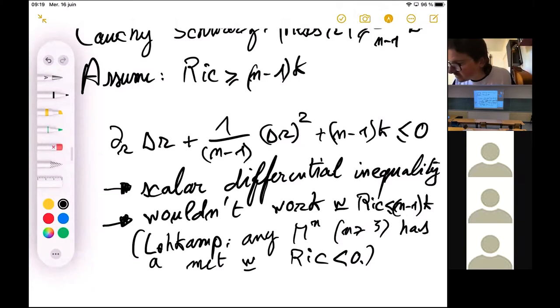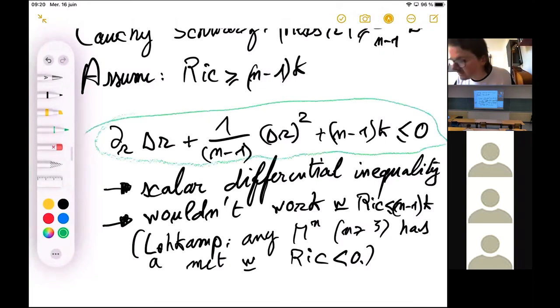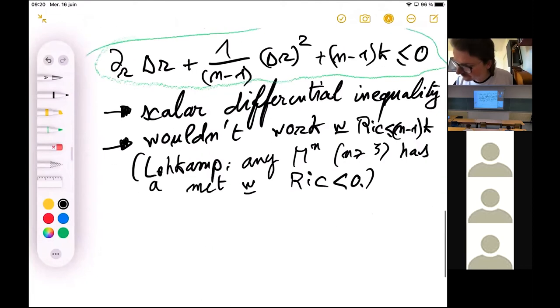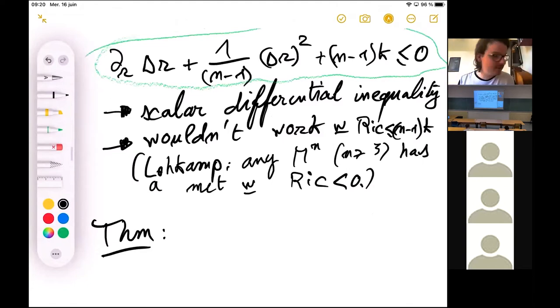But now we can try to integrate that along geodesics through a point. Like if you pick r, studying this differential inequality, you can get, oh yeah, I have it in my notes.